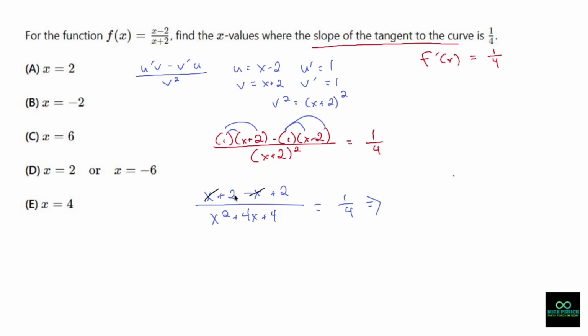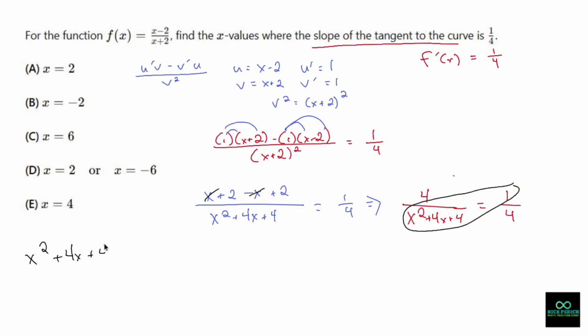Last time I checked, 2 plus 2 is 4, so the numerator is 4 and we have 4 over (x squared plus 4x plus 4) equals 1/4. Now what we could do is cross multiply. So x squared plus 4x plus 4 equals 16, since 4 times 4 is 16.